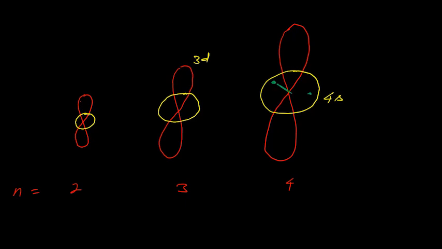However, in case of 3d, the distance from the nucleus can be this much, which is larger. So what happens? Which one has the highest stability? Yes, that's what I'm explaining now.